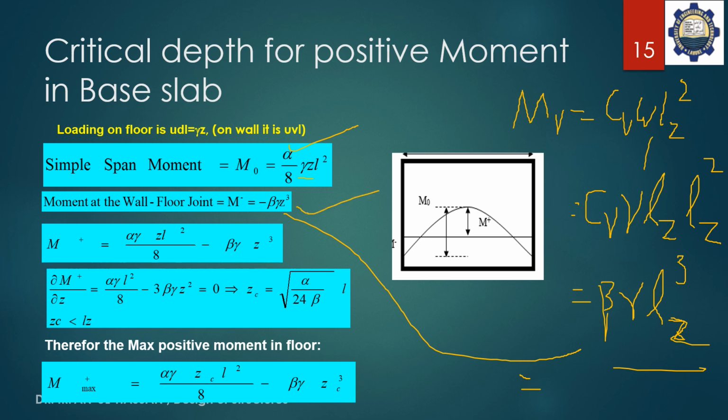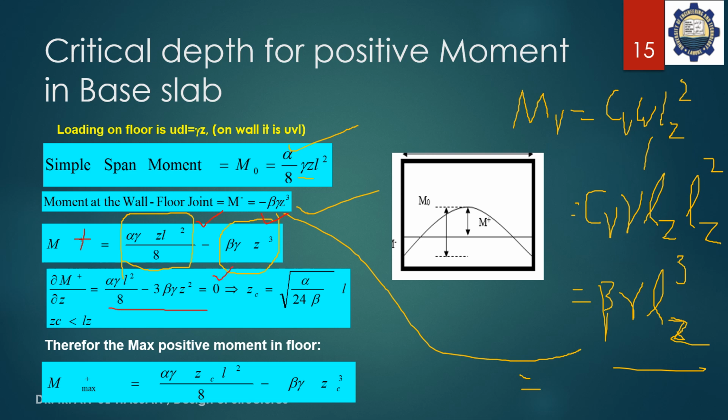As I told you, the positive moment is M naught minus M negative. So M naught minus M negative will give you the expression for the positive moment, and then we differentiate this positive moment because we want to compute that Z. So differentiate with respect to Z, the depth of water, and put it equal to 0.